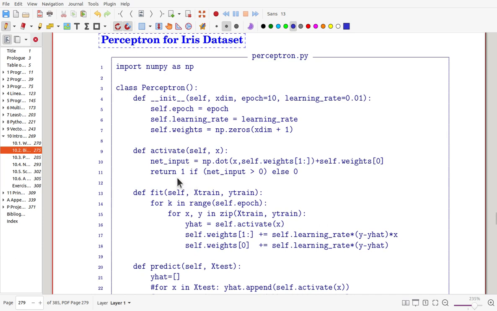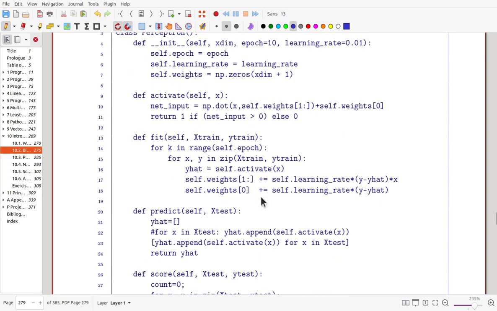Once that input is larger than 0, return 1; if not, return 0. Right now we consider labels 1 and 0. Now this is the training operation. X train and Y train are given, and then the number of epochs.